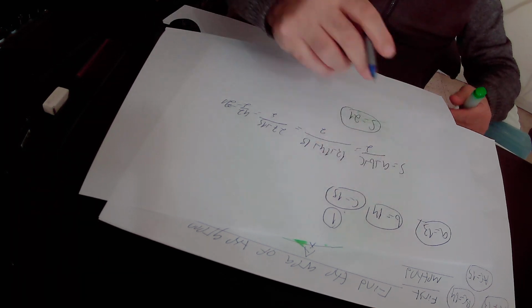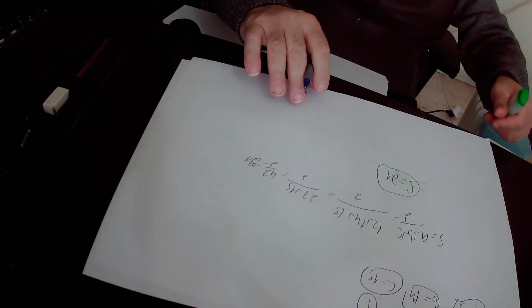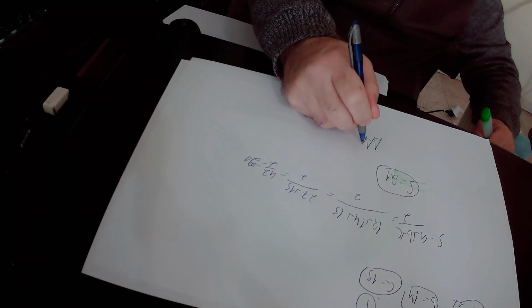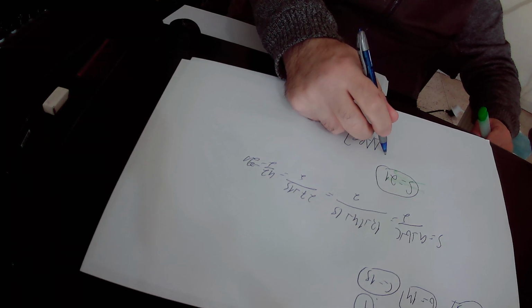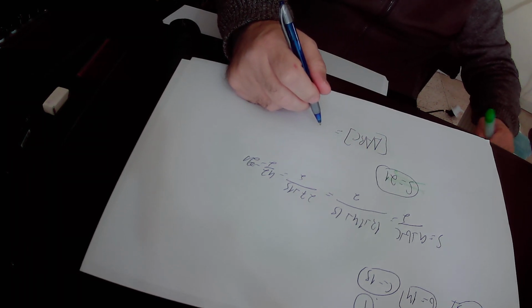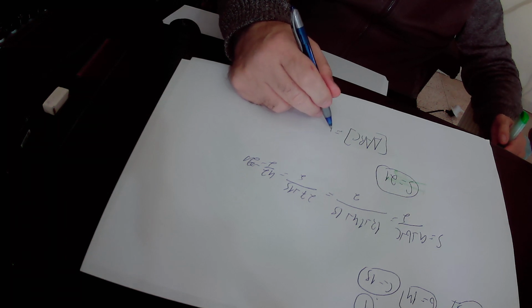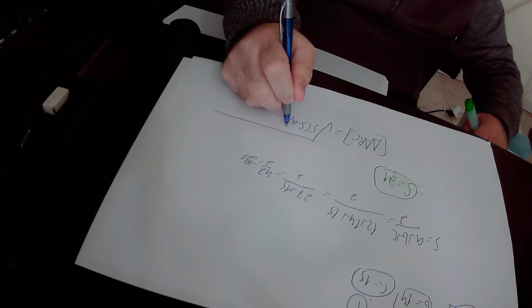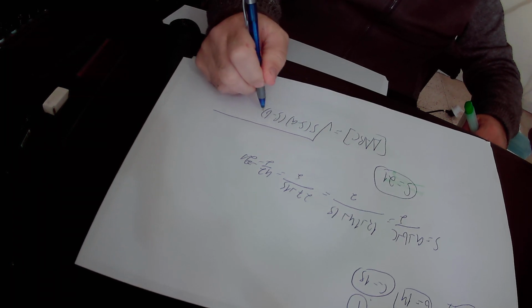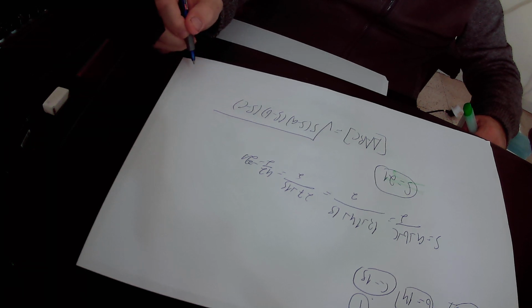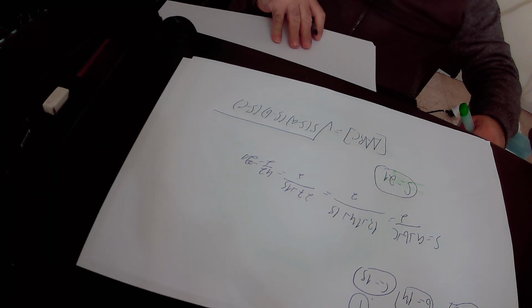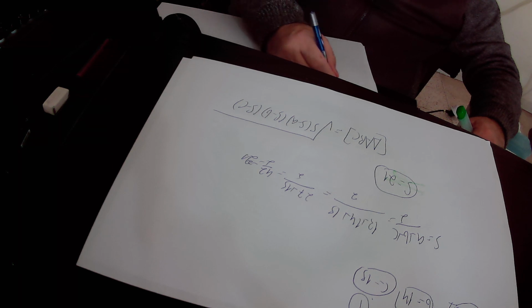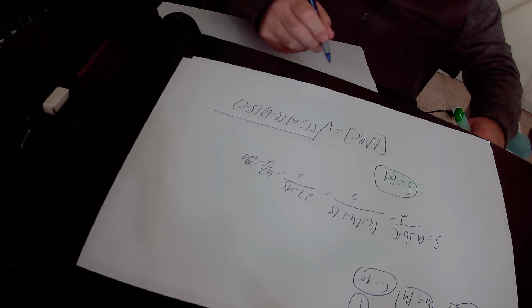So the area of our triangle ABC, the square brackets are the sign for the area, according to rule number 4, according to the new formula, must be equal to the square root of S times (S minus a) times (S minus b) times (S minus c). So the area of triangle ABC will be equal to the square root of S. S is 21.